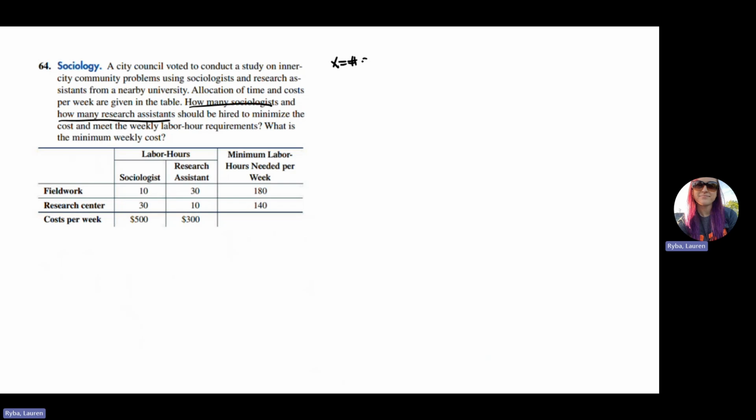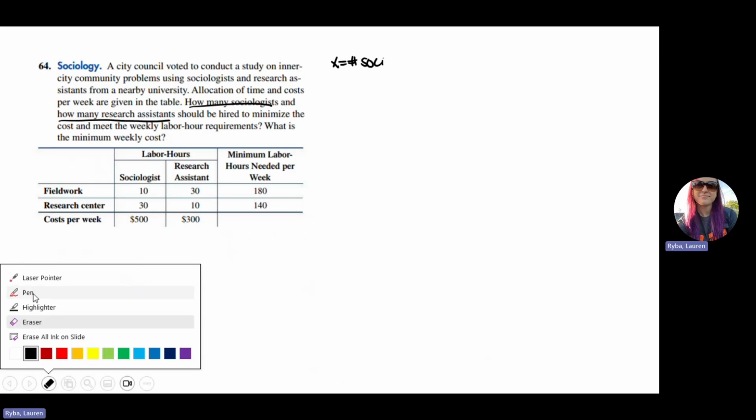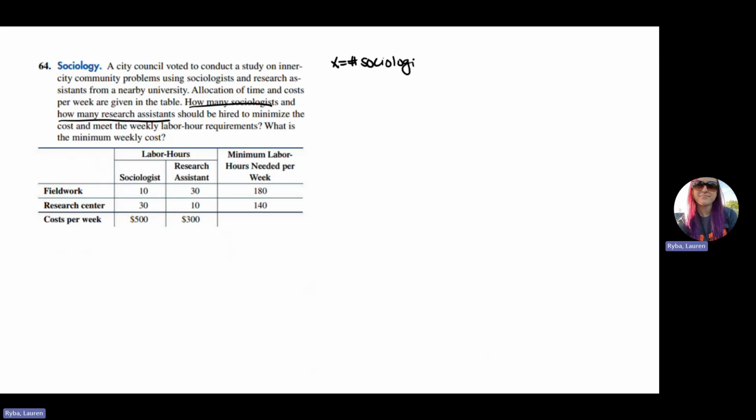X is the number of sociologists, and Y is the number of research assistants. Should be hired to minimize the cost and meet weekly labor hour requirements. What is the minimum weekly cost?